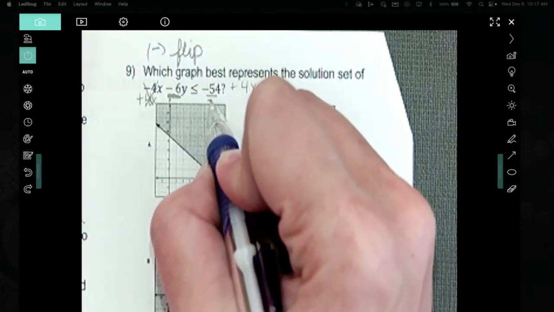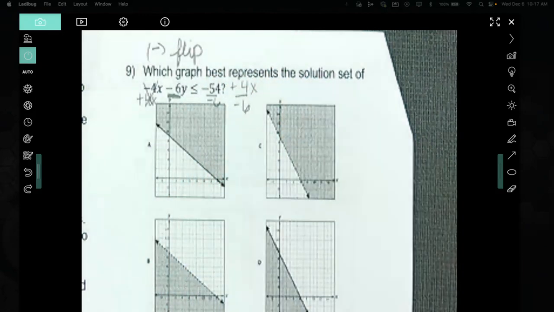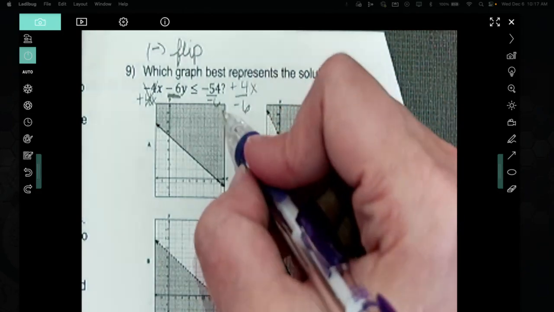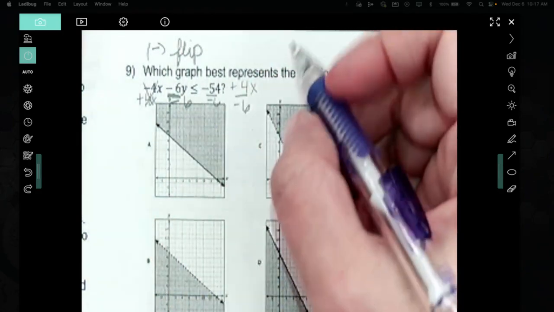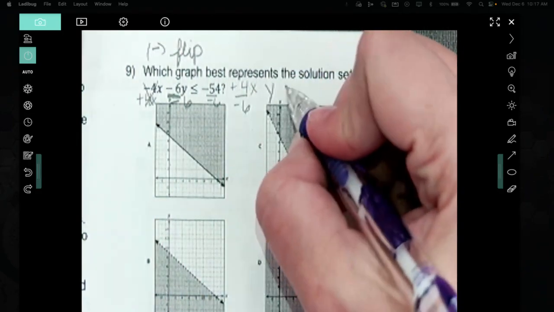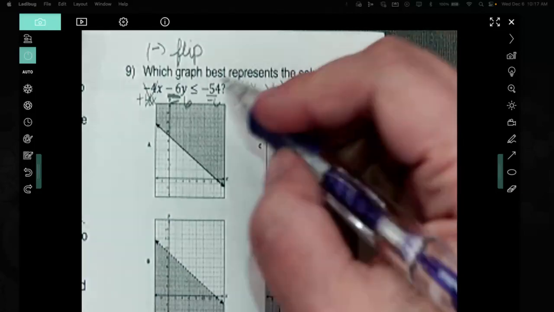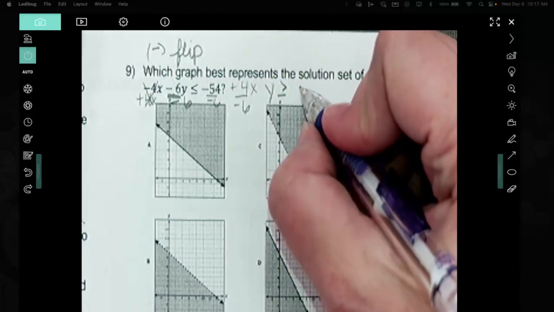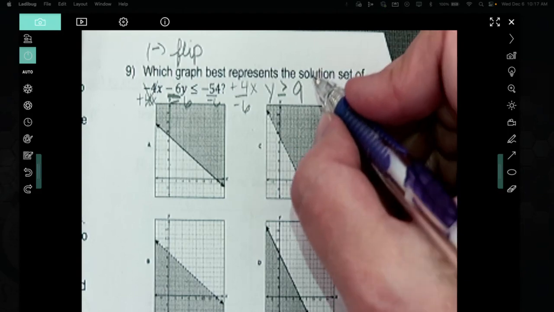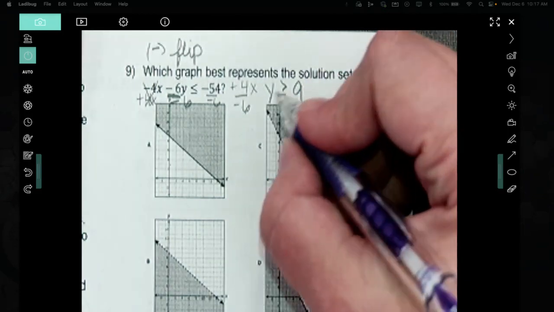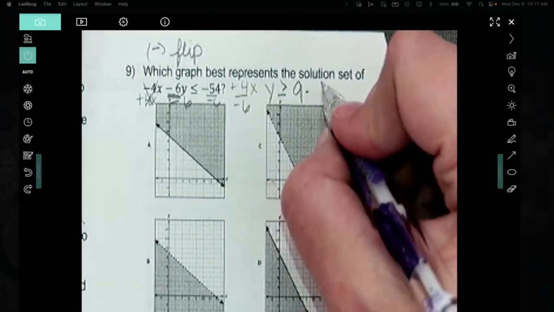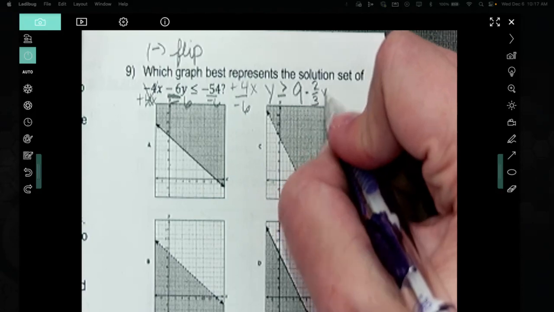We're dividing everything by that negative 6. Remember, when you do that dividing by the negative, this now becomes y is greater than negative 54 divided by negative 6 is positive 9.